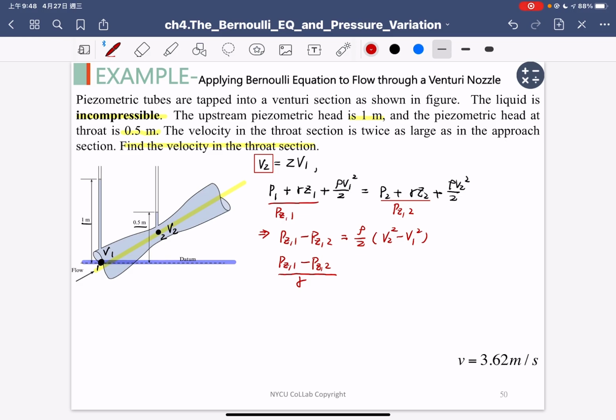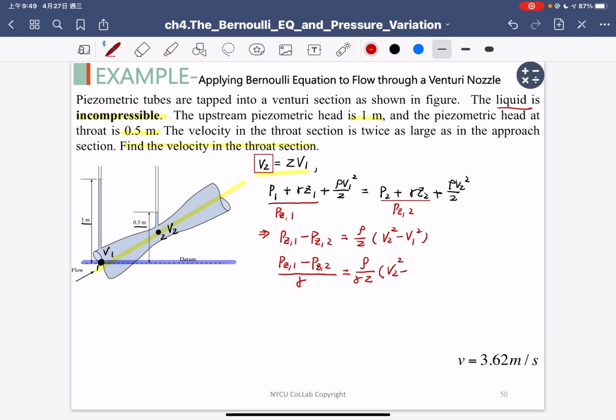We don't know what the liquid is. The exercise only tells us that it is a liquid, but we don't know what kind of liquid. So I put the gamma here, and we divide by gamma, and there is V2 square, and we know the relationship between V2 and V1.